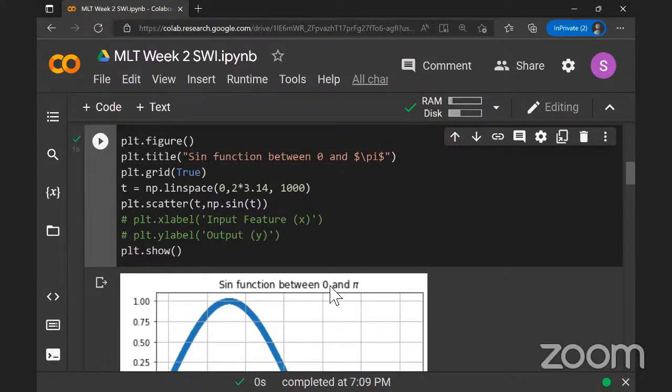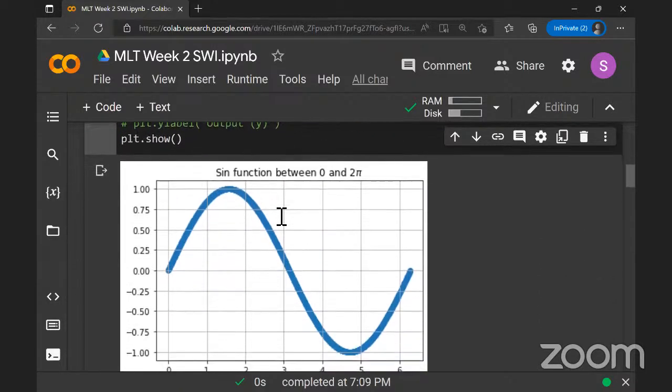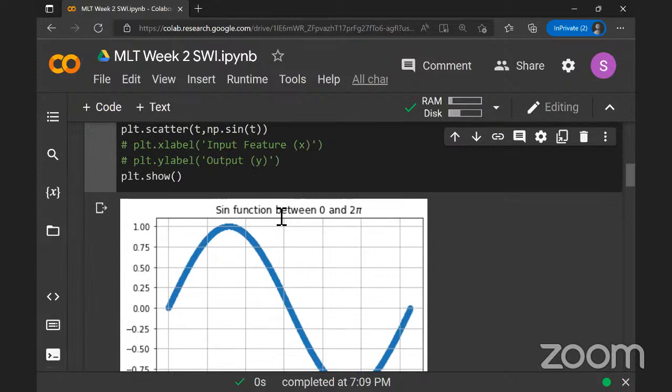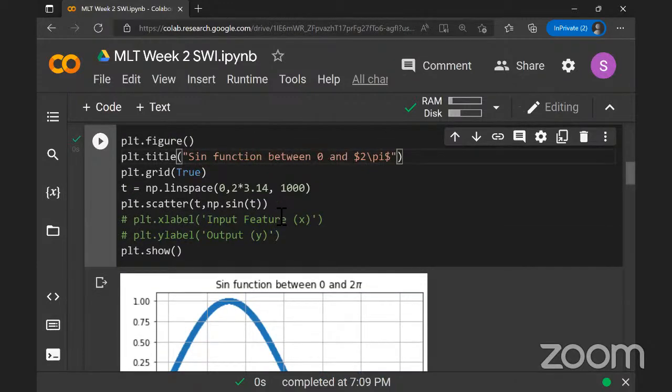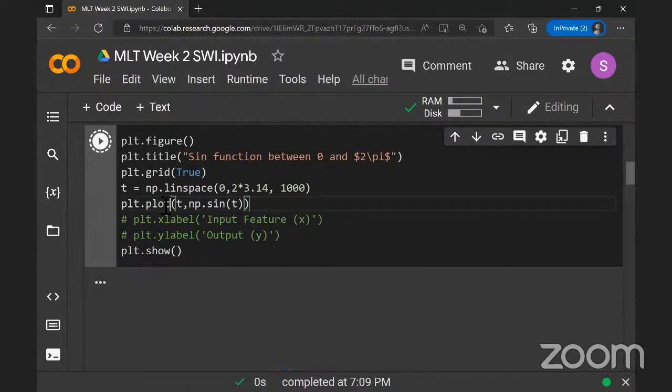Now it is showing 0 and pi. So, and instead of scatter, we could have used plot.